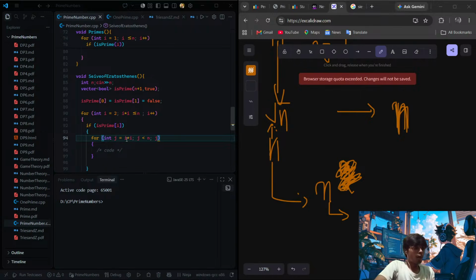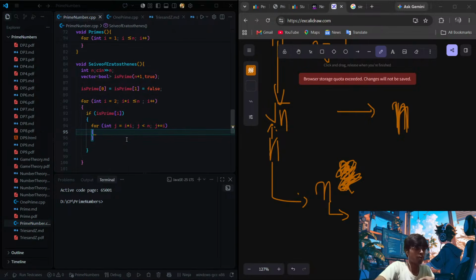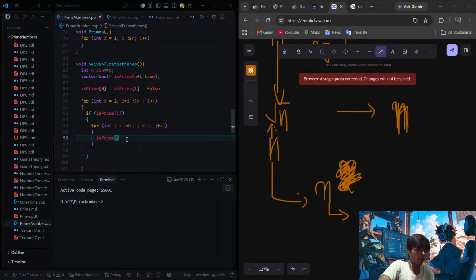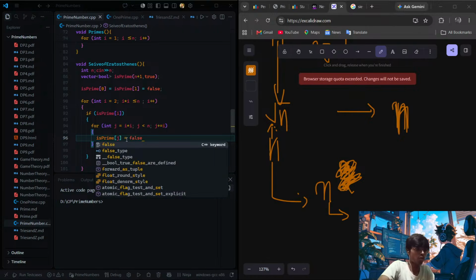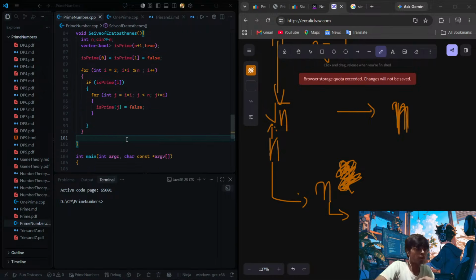I will take a jump of i, because for 2, I have to remove all the multiples of 2. So is_prime[j] equals false. Now this will give me all the prime numbers for a particular range.